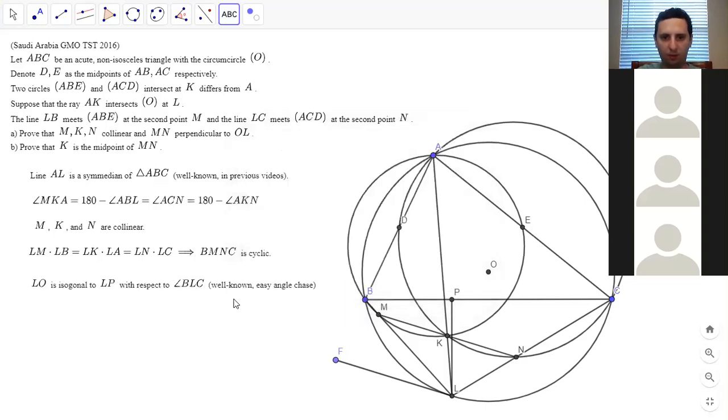And also we have BC and MN are anti-parallel.